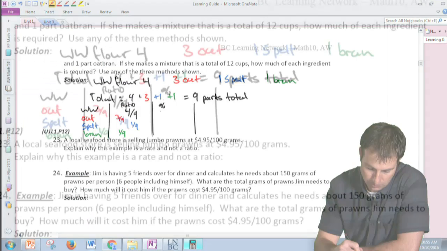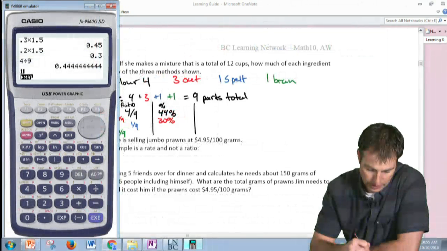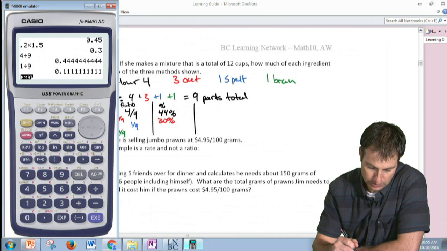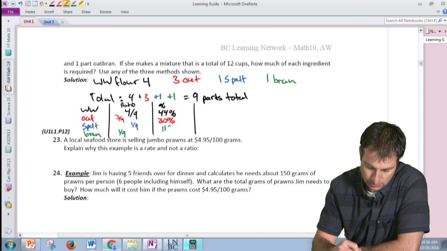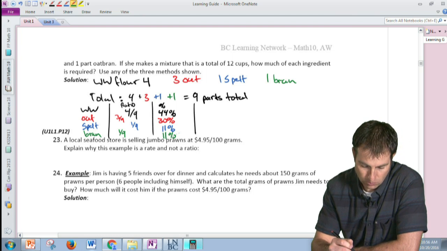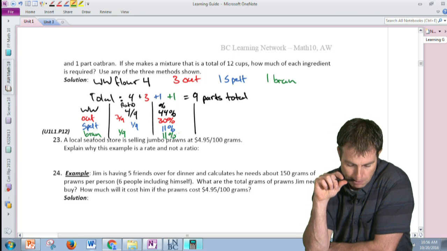So 44% is whole wheat flour. 3 out of 9 is a third, so 30% of it is going to be oats. 1 out of 9 is 11% for spelt. And again, 1 out of 9 is 11% for bran. So we've kind of done each of those percents.